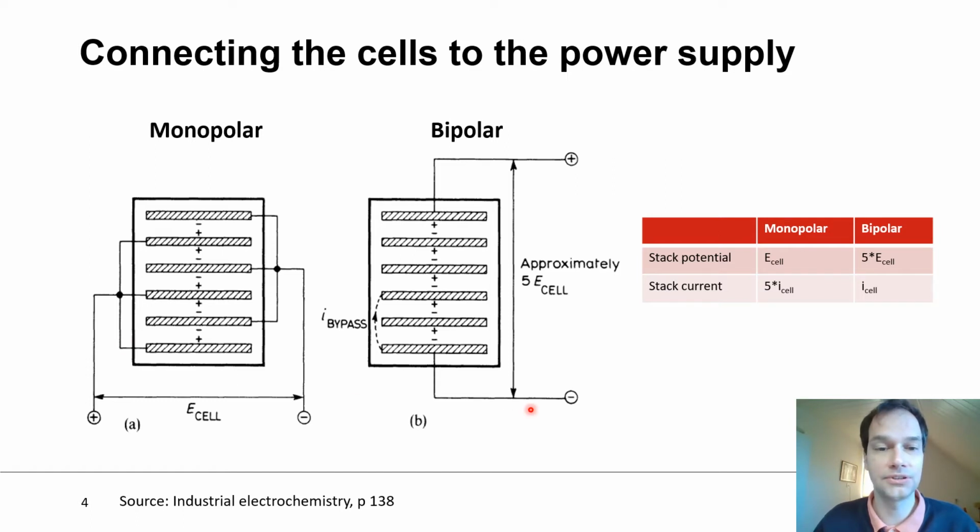On the bipolar side, the current is equal to a single cell because every electron that goes in here crosses through 5 individual cells. So the current is still the same as for a single cell. Then in total that means that the power is the same in both systems. Here the potential is lower, the current is higher. Here the potential is higher, but the current is lower.